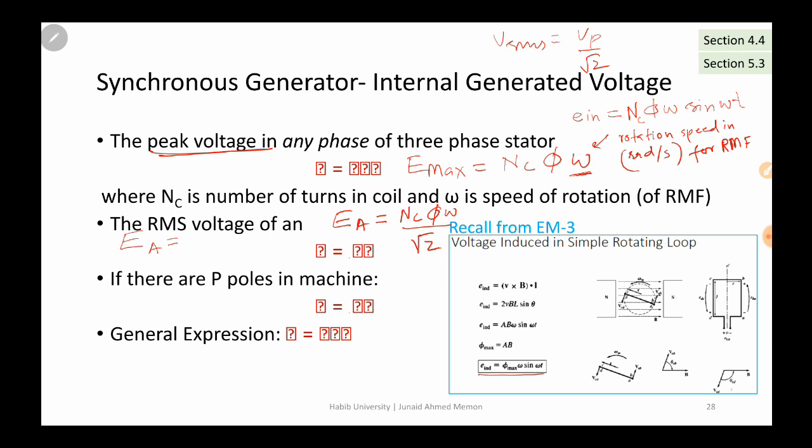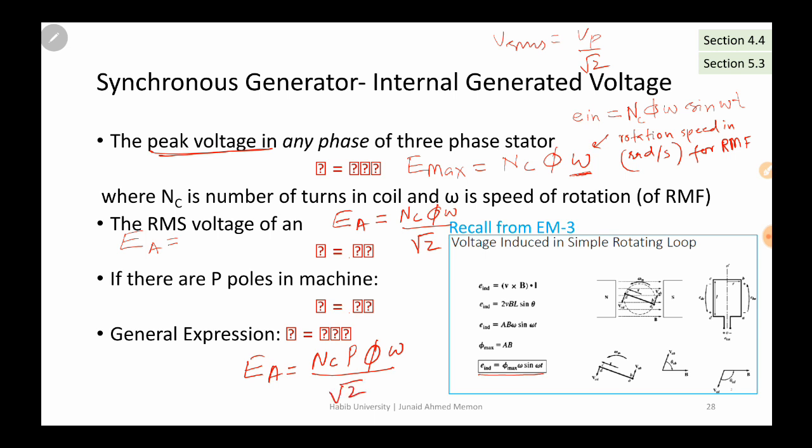But if now we have P number of poles, then we know that in that case P will be multiplied with the omega, if you are just taking the mechanical radians per second. So in that case EA will be equal to NC P phi omega divided by under root 2.